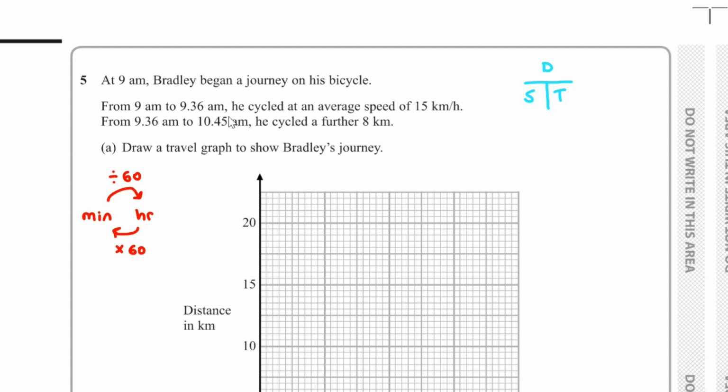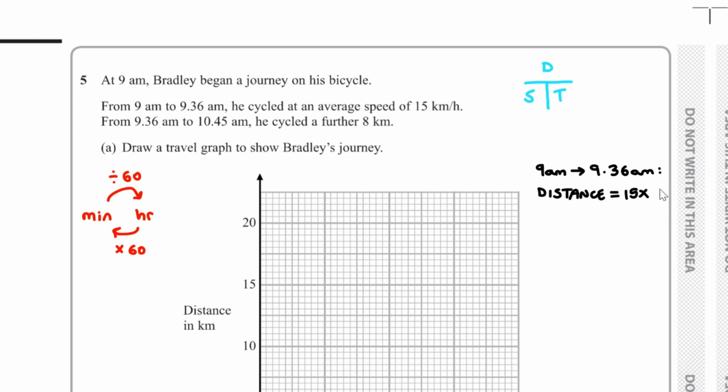So if we work this out, for the first part of the journey, from 9 AM to 9:36 AM, we have the distance, which is equal to the speed, 15, multiplied by the time.